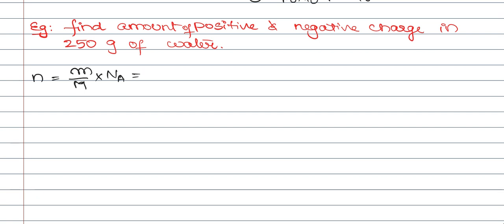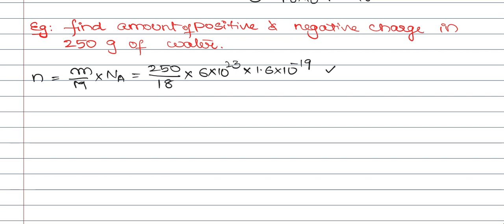So mass is 250 grams, molar mass is 18, Avogadro number is 6 into 10 to the power of 23, into 1.6 into 10 to the power of minus 19. If you solve this, we'll get the total amount of positive charge as well as negative charge associated with this.